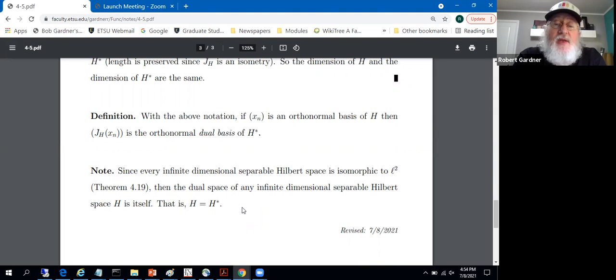And the only one of the LP spaces which is self-dual, it turns out, is when P equals 2. So not surprising, given what we know about L2 and the fundamental theorem of infinite dimensional vector spaces.